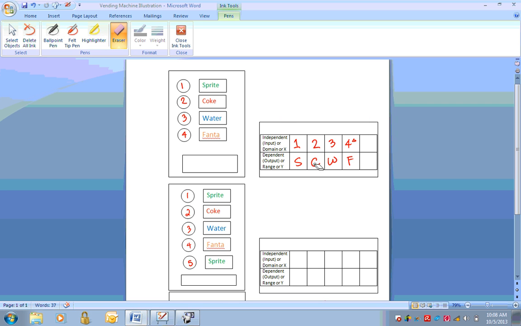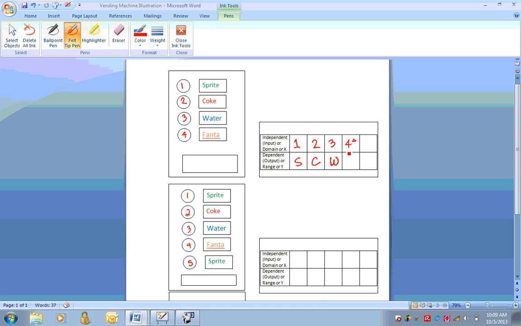I press button 1, I get Sprite. I press button 2, I get Coke. And I press button 3, I get water.